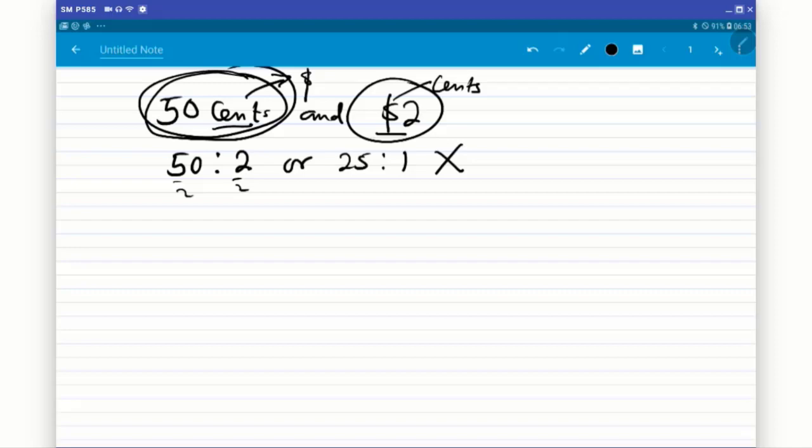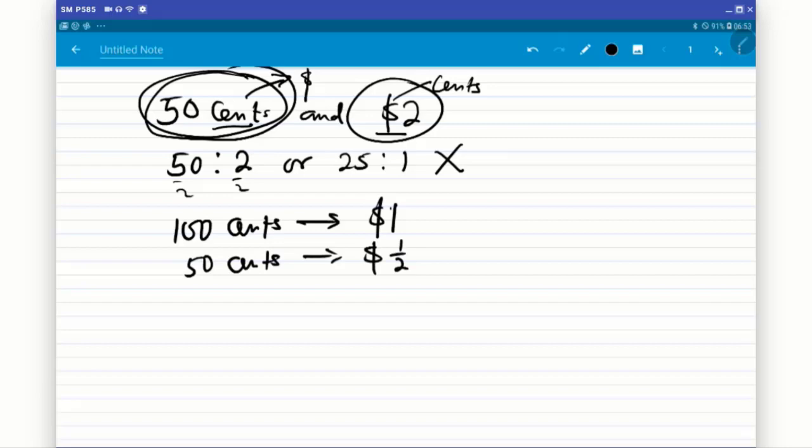Note that 100 cents is $1. Therefore, 50 cents must be what? Half of $1.